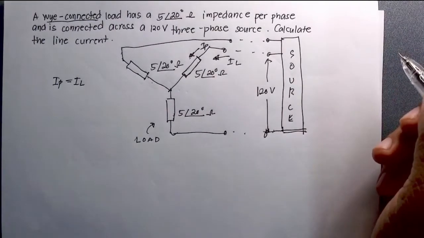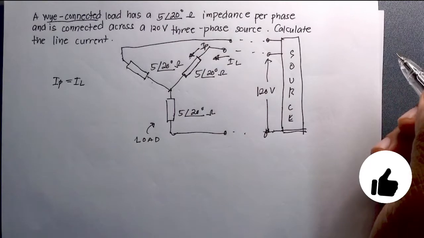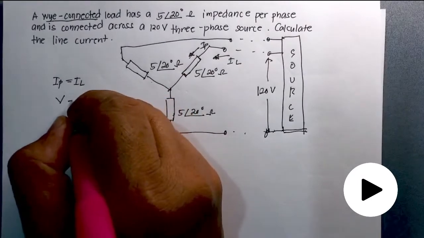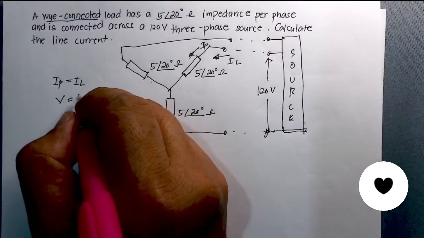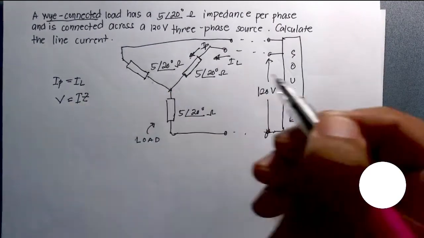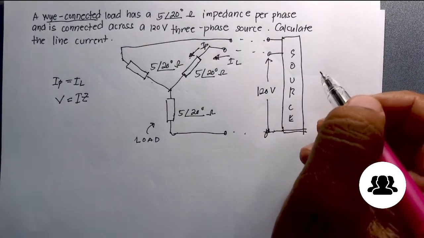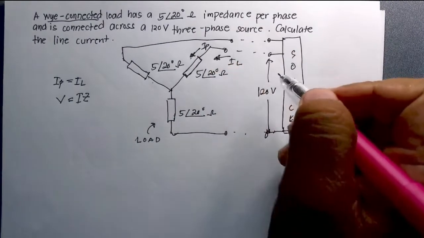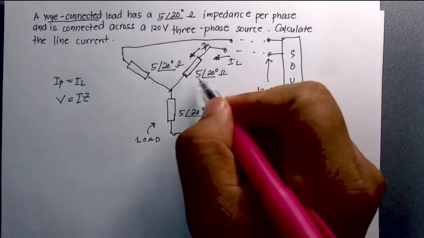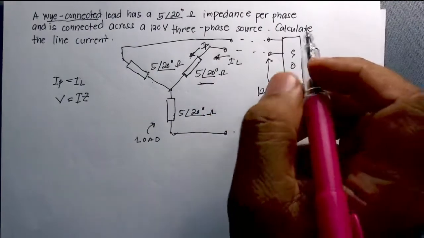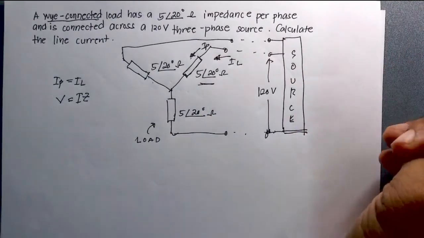What we will do is apply Ohm's law. By Ohm's law, the voltage is equal to the current times the impedance. And in this case, we are to solve for the phase voltage at this given impedance 5∠20 degree ohm.